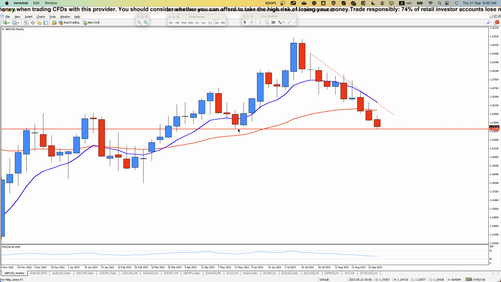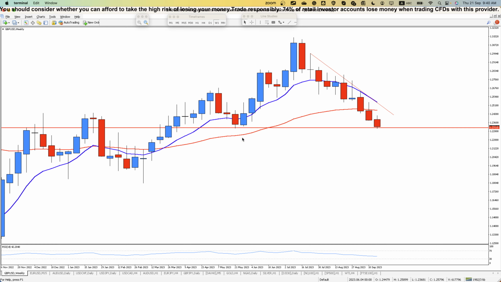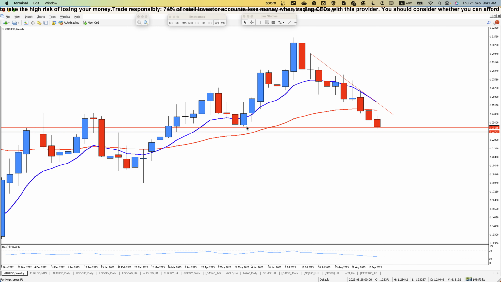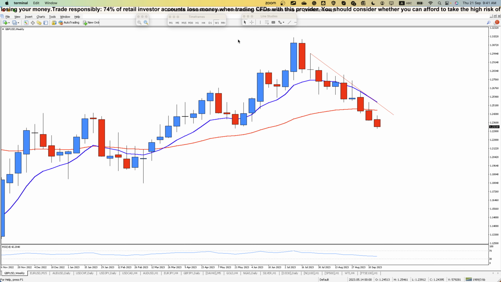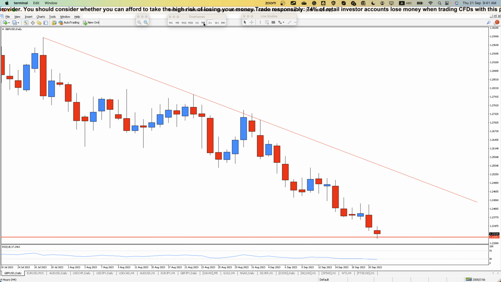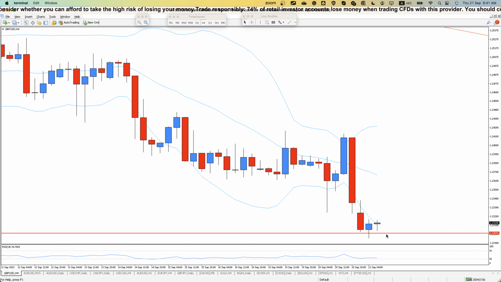You zoom out a little bit and you can see here it's a weekly support price, on the 4 hour chart, so some rejection.